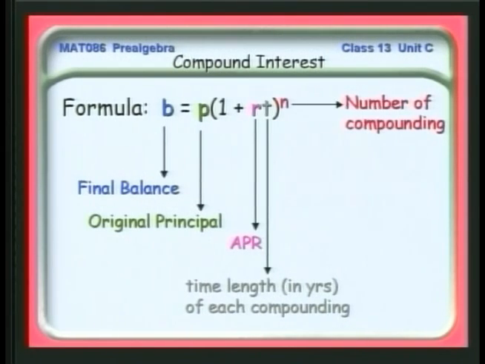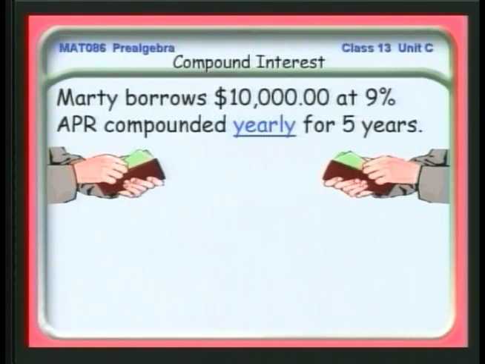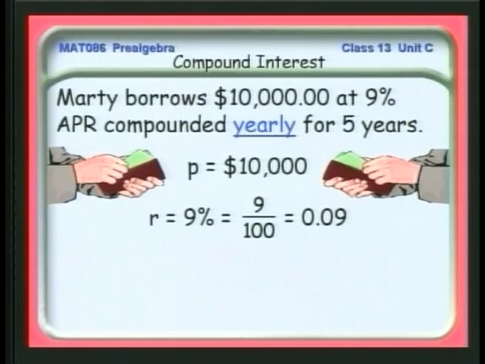The best way to see how this formula works is to try it with an example. Marty borrows $10,000 at 9% compounded yearly, once a year for 5 years. The principal is $10,000. The APR is 9%, which is 0.09 expressed as a decimal.